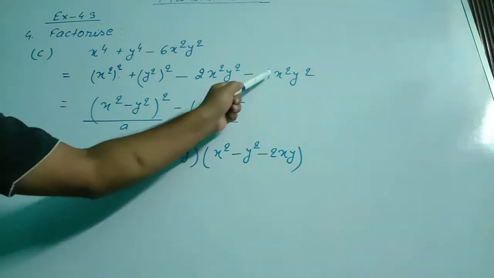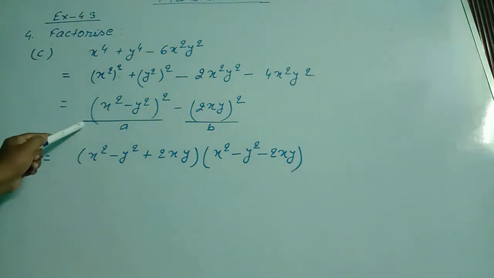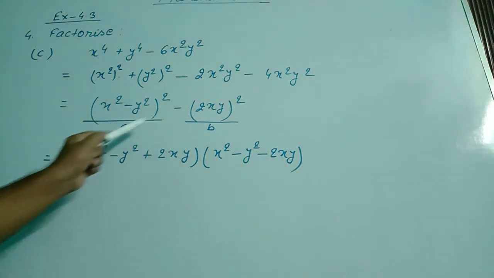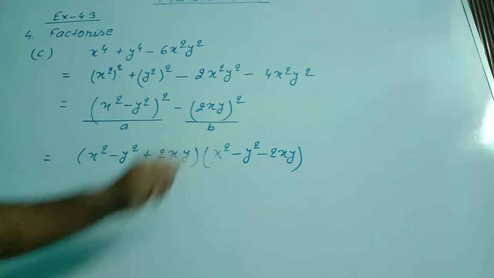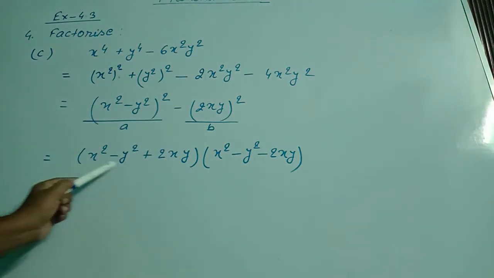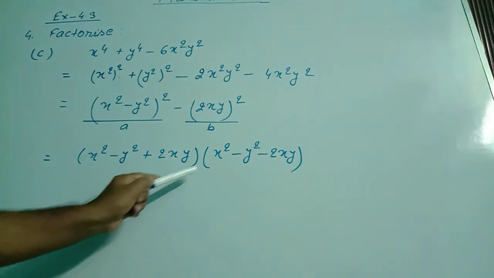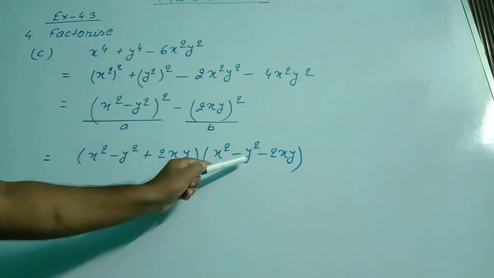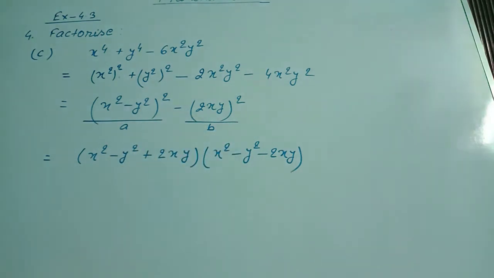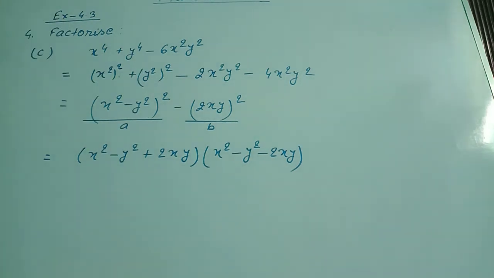If you solve this you will get it back. Now this is a and this is b, means a square minus b square. So for that I have written a plus b means x square minus y square plus 2xy into a minus b, x square minus y square minus 2xy. This became the answer.